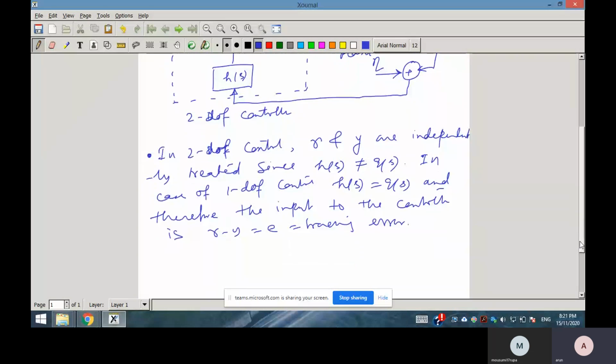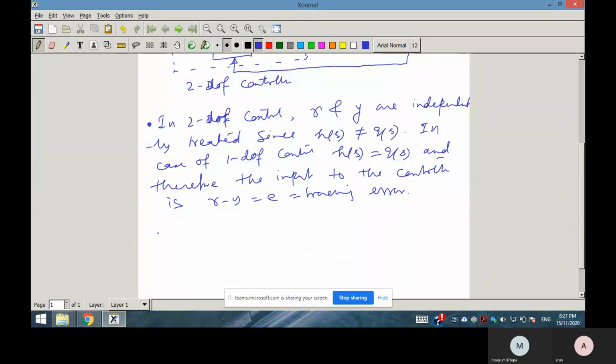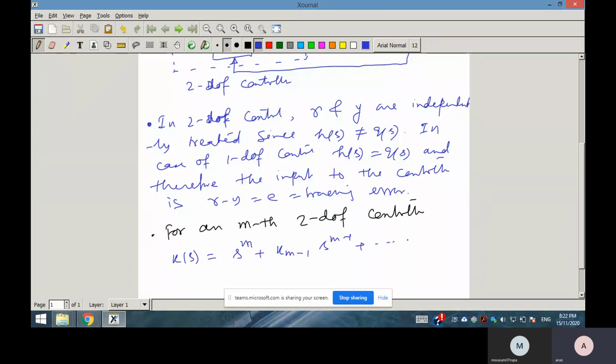So now for an mth order 2DOF controller, what is your K(s)? K(s) is a polynomial. So K(s) will be an mth order polynomial: s^m + k_{m-1} s^{m-1} + ... + k_1 s + k_0.